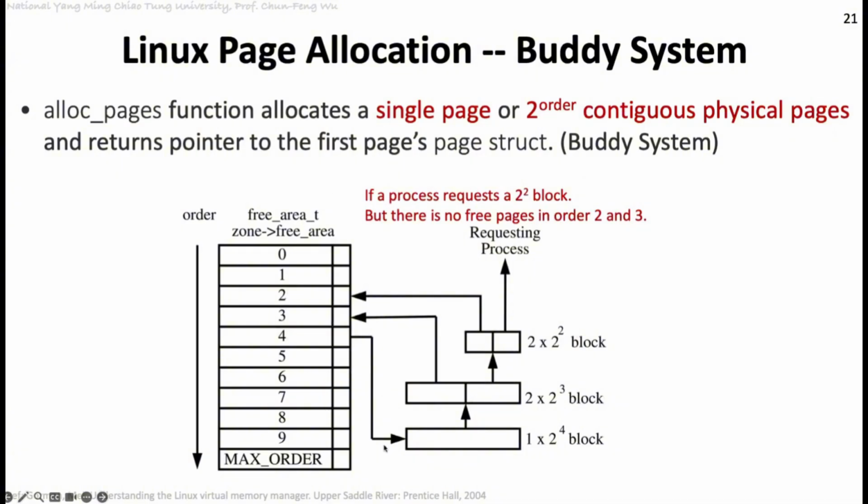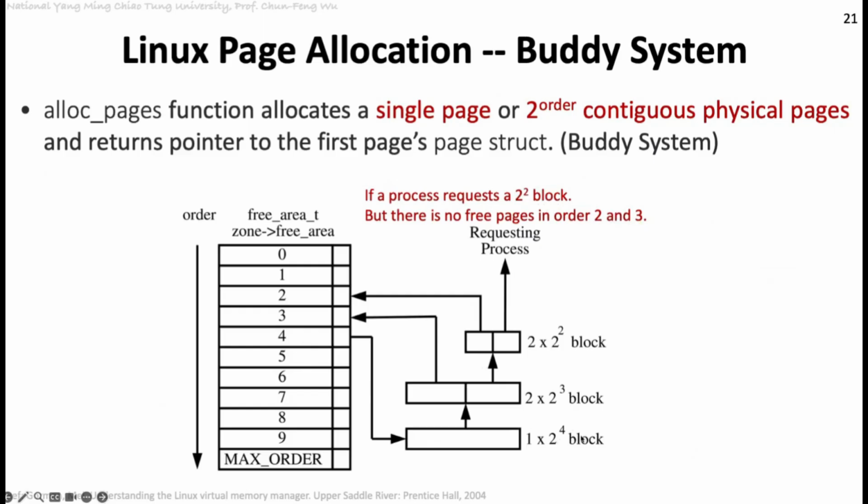We will always get a larger block and then split it in half for the allocation. So if we are going to get a 2 to the 2 block, like 4 pages, and there is no free space in order 2 and order 3, then we will get from order 4. Inside order 4, when we do one allocation, we will directly get a 2 to the 4 block.